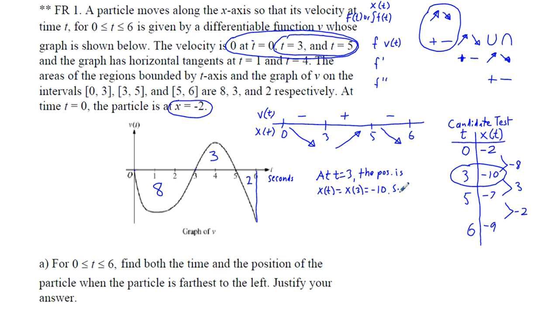So the particle is farthest to the left at t equals 3.